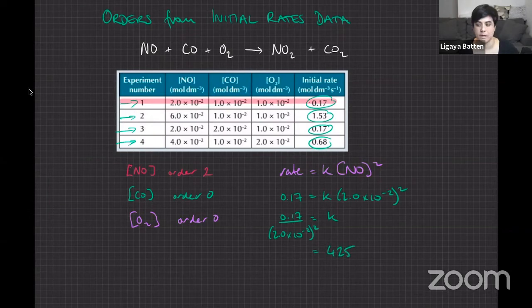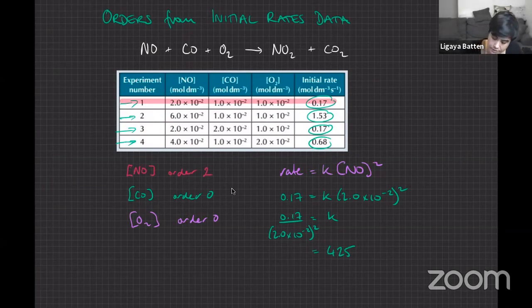Now you may be thinking, well, what are the units? And that's important. So if you have thought that, then well done. You have to calculate the units of K each time, because each time the rate equation is going to be different, and so each time the units are going to be different. So all we've got to do is plug the correct units into the same equation.